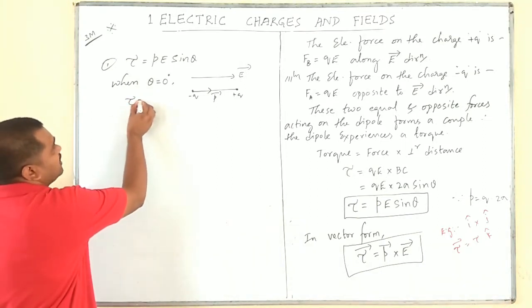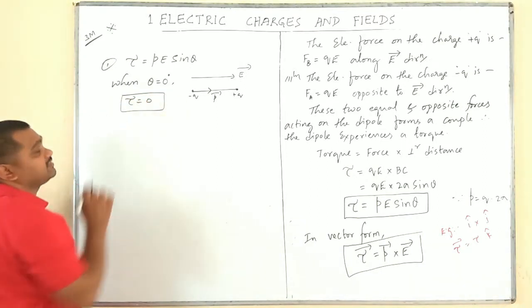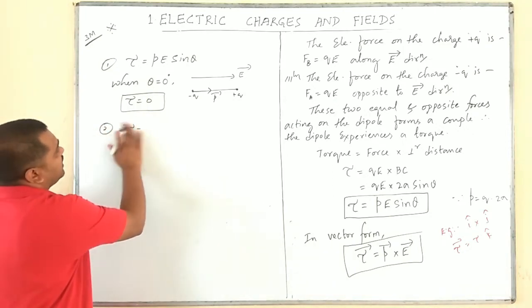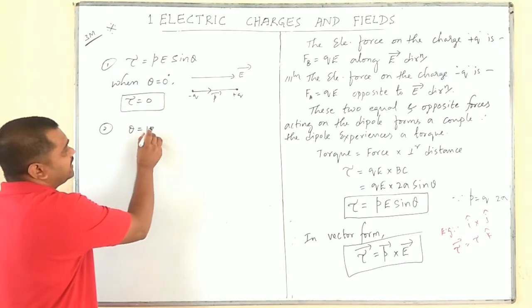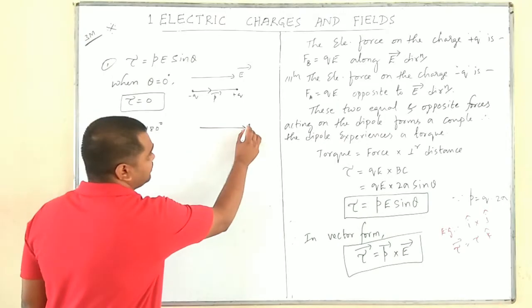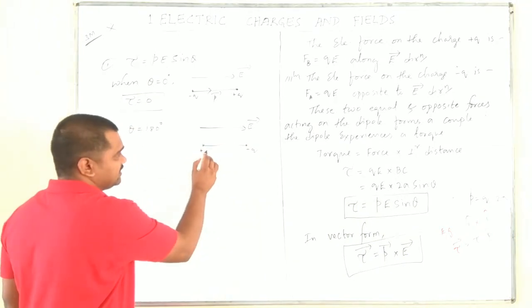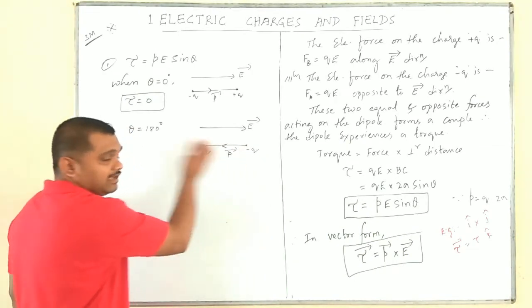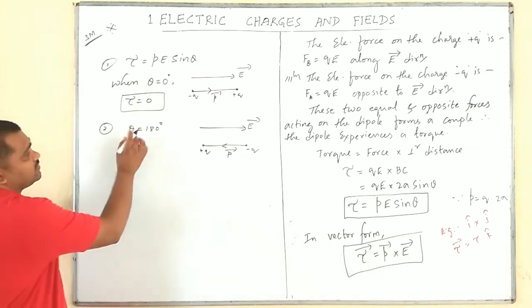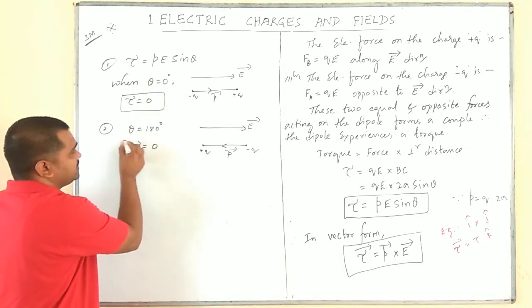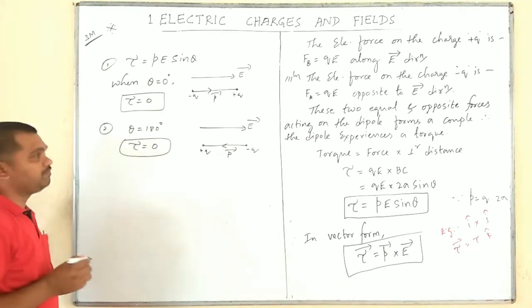Hence, tau will be 0 because sin theta is equal to 0. Similarly, when theta is equal to 180 degrees, the electric field is along this direction but the dipole moment is in the opposite direction. Sin 180 is again 0, so tau is equal to 0.